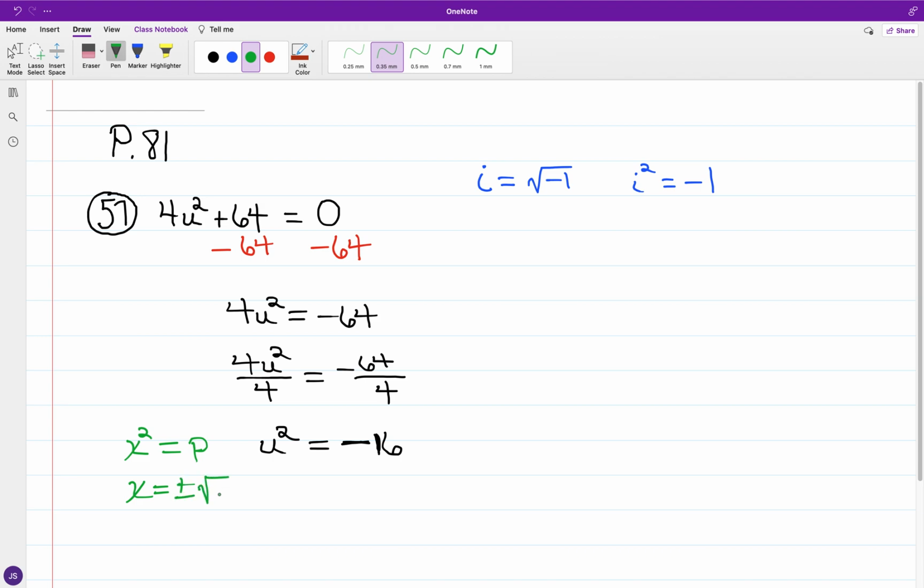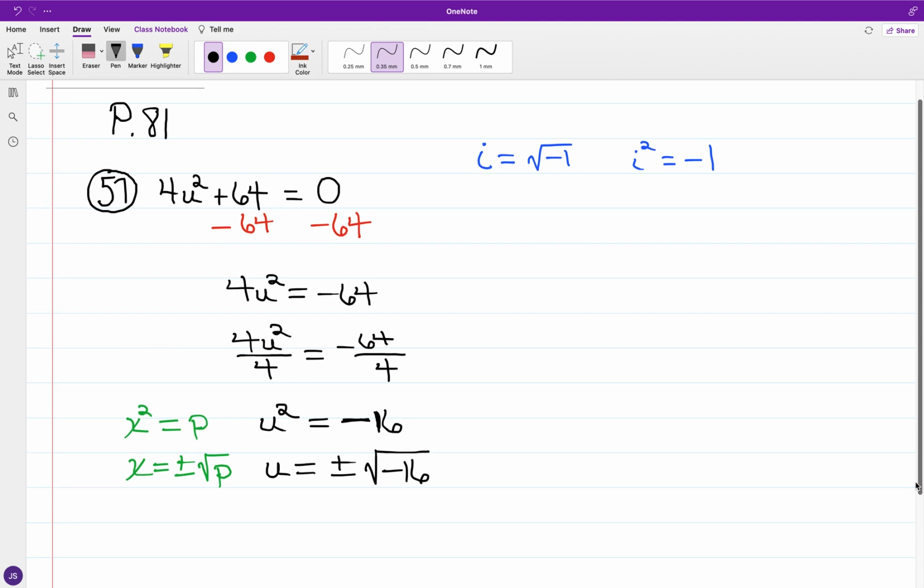In this case, you have plus or minus the square root of p. In this particular instance, we have x squared represented by u to the second, p by -16. Going from u to the second to u, we have u is equal to plus or minus the square root of -16.